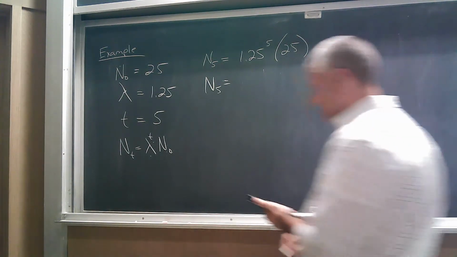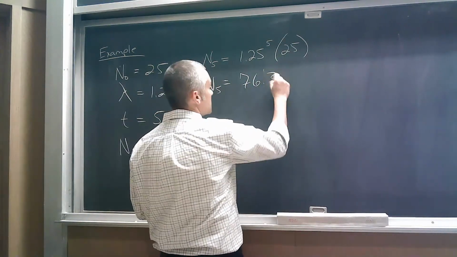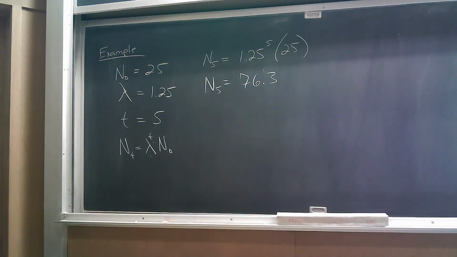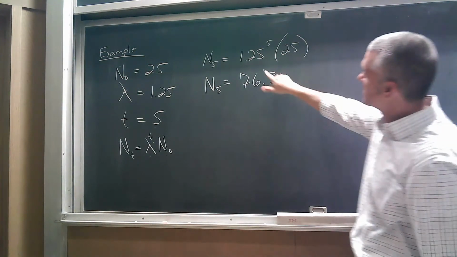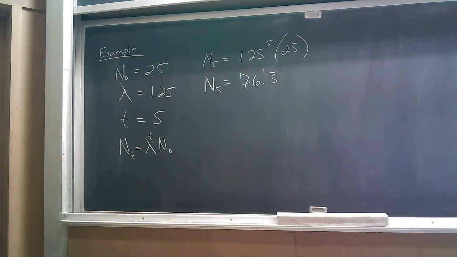So in 5 years, we expect to see 76.3 marigolds. Questions?